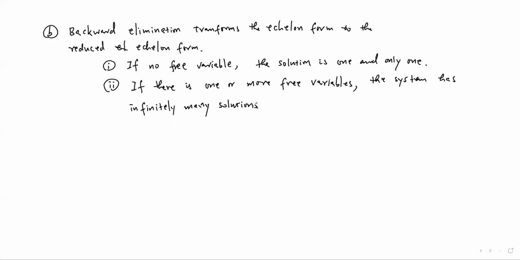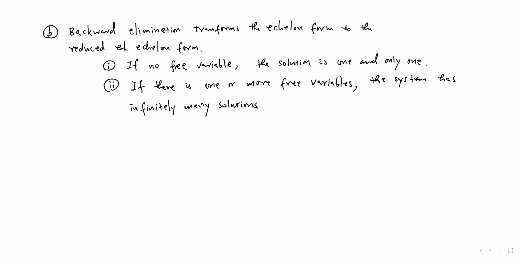Two phases: forward elimination, then look at the bottom non-zero row to determine whether the linear system has solution. If the linear system has solution, backward elimination to reduce the system to reduced epsilon form.